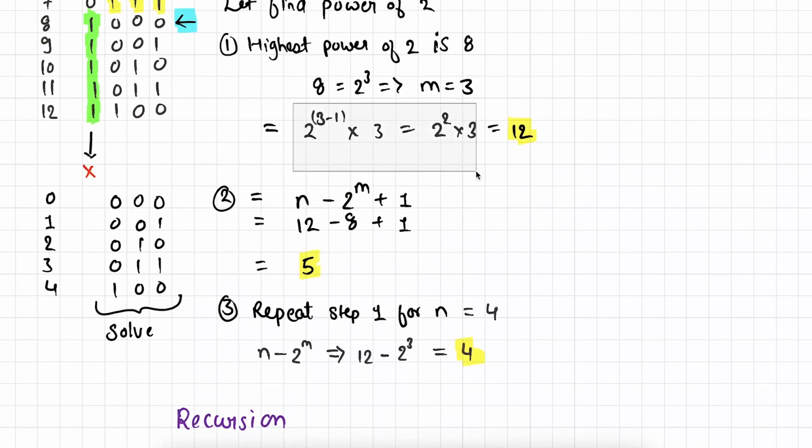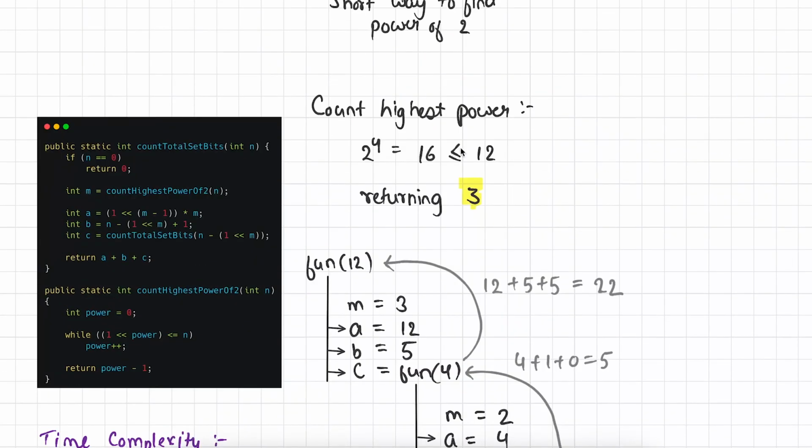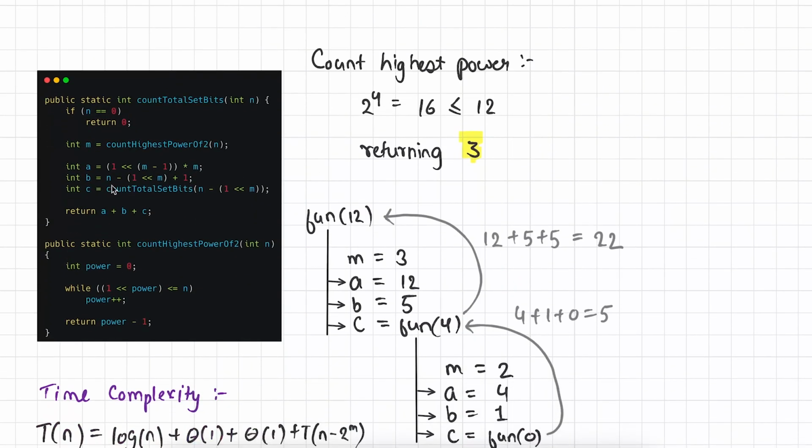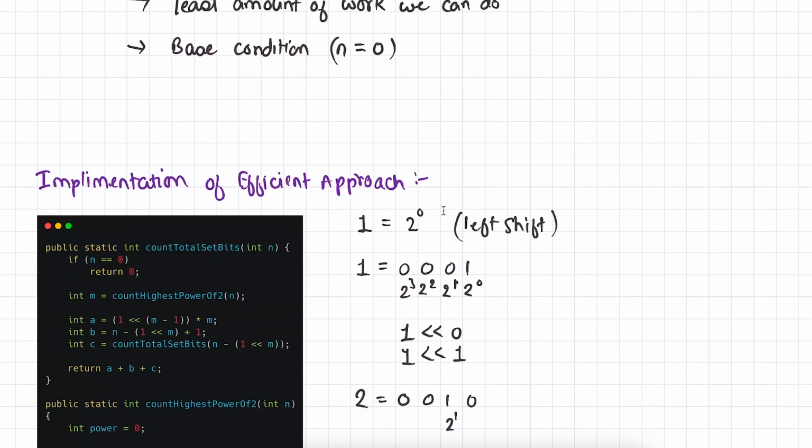And this step corresponds to this step. Okay? In the second step, we are calculating the value of b. And what is b? b is simply n minus 2 to the power m plus 1. And this step corresponds to this step. So in this step, what we were doing? We are counting the remaining set bits after 7 to 12, right?